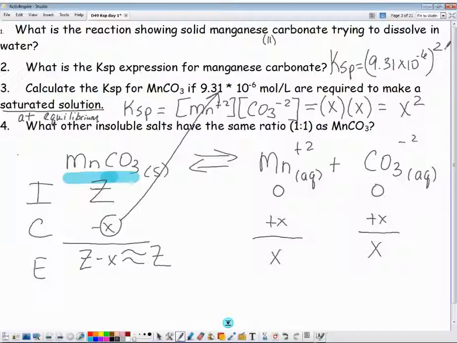Okay, real quick, any other insoluble salts that you can think of that have this same 1 to 1 mole ratio like manganese 2 carbonate does, Hayden? Calcium sulfate has the same 1 to 1 ratio. All right, Jordan?